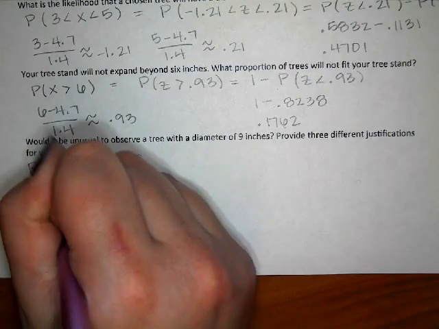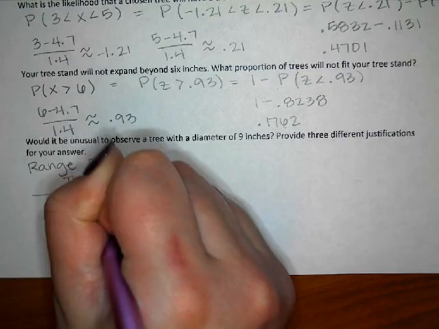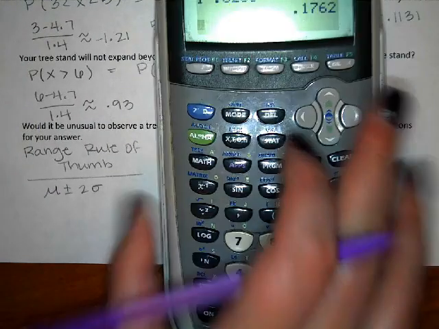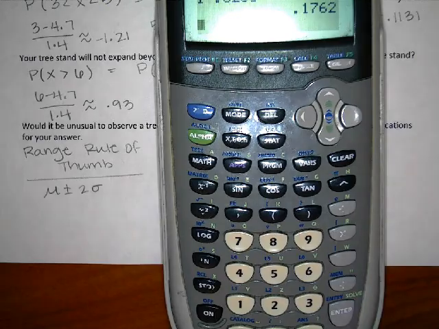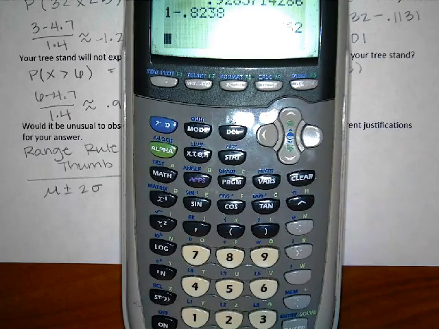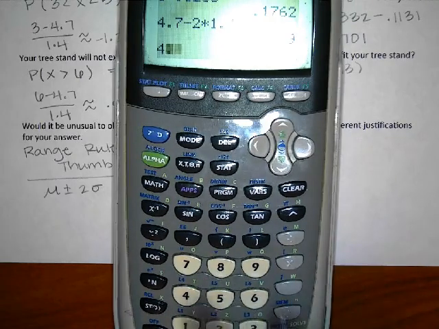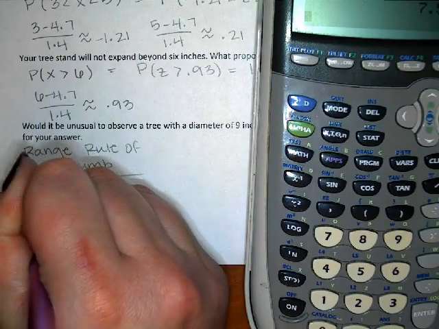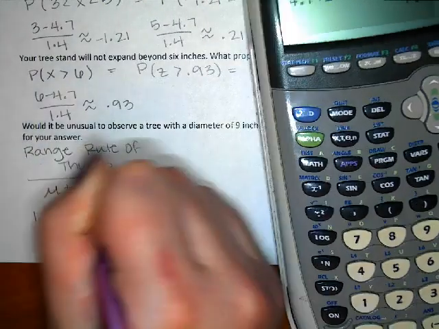And so when we do that, we will know what range the typical values are for the diameter of the Douglas fir tree. So we're going to say the mean minus 2 times the standard deviation and the mean plus 2 times the standard deviation. And so the range of usual values is 1.9 inches to 7.5 inches.